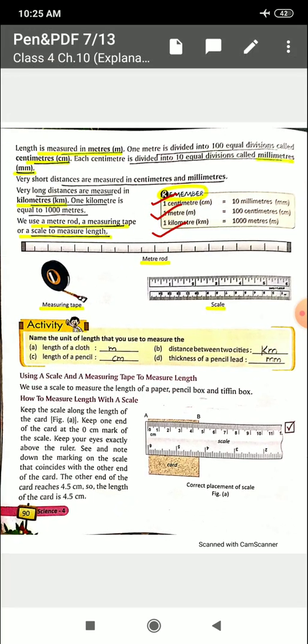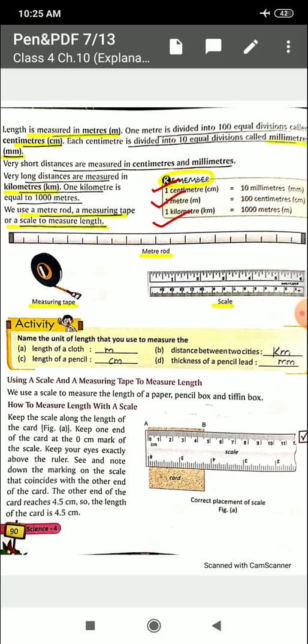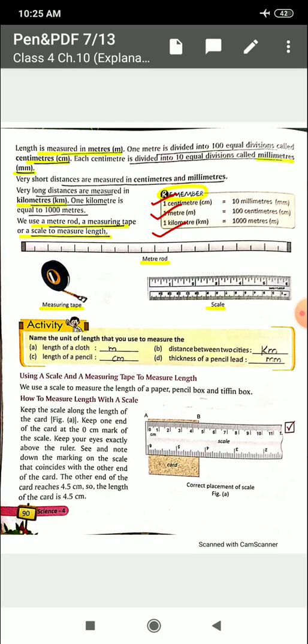So, the basic units to measure length are millimeter, centimeter, meter and kilometer. Just see here, meter, centimeter, millimeter and kilometer. These are the four main units to measure length.